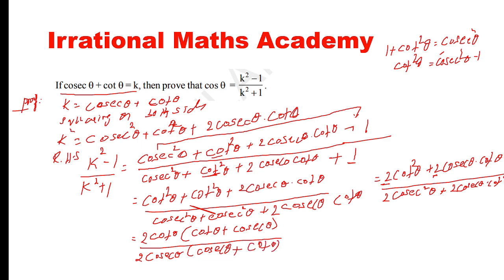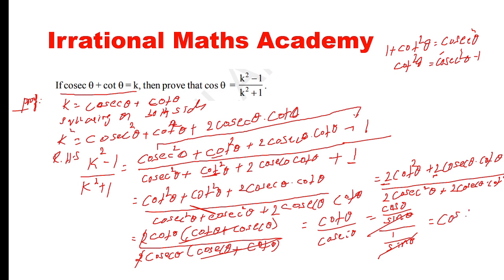This part gets cancelled and the 2 also gets cancelled. So I'll be left with cot theta by cosecant theta, and cot theta I can write as cos theta by sin theta, and here 1 by sin theta. Sin theta gets cancelled, and you'll get cos theta, which is our LHS.